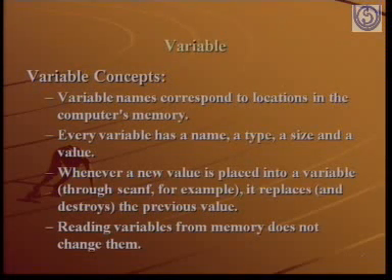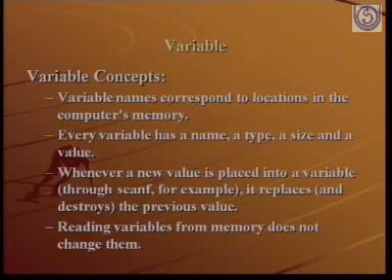Then size. Every variable has its maximum size, and that is the maximum capacity of that data type which can be stored in that variable. We will see in our discussion today some basic data types available in C, and those data types' sizes.